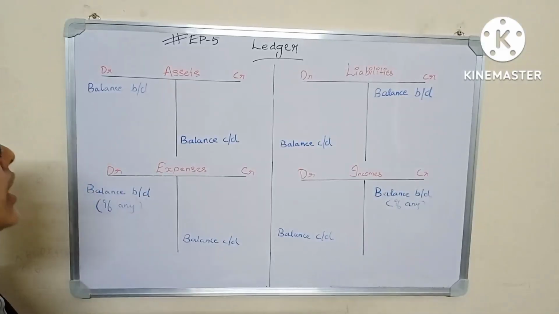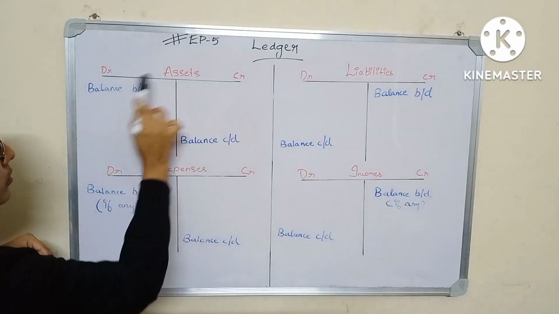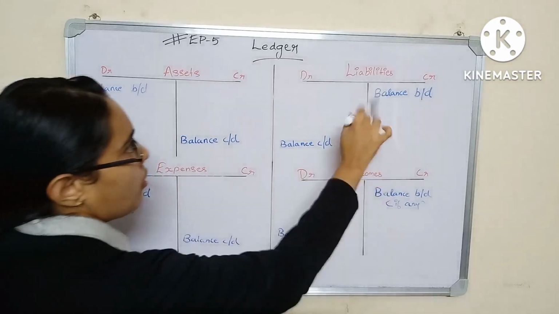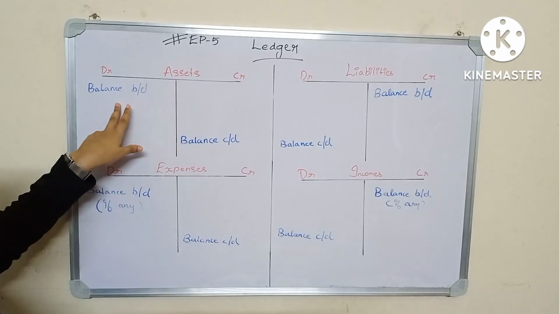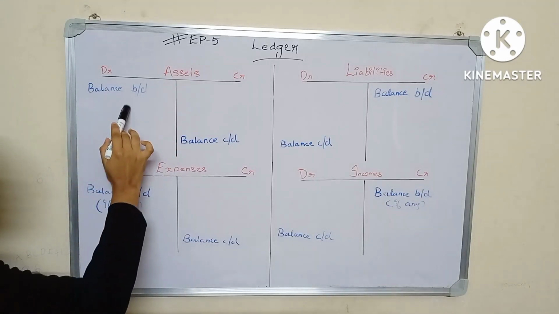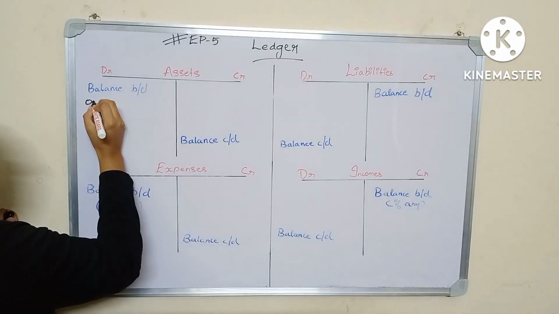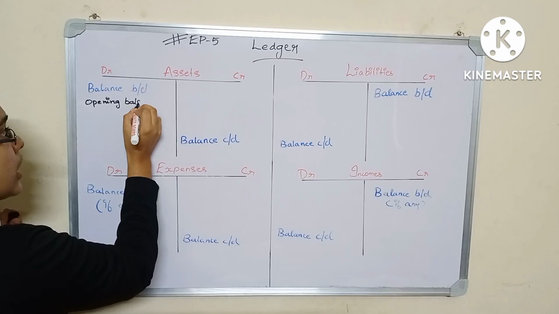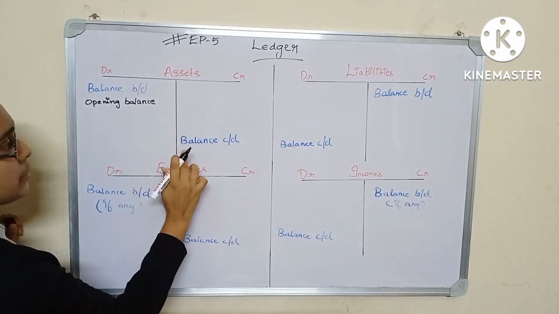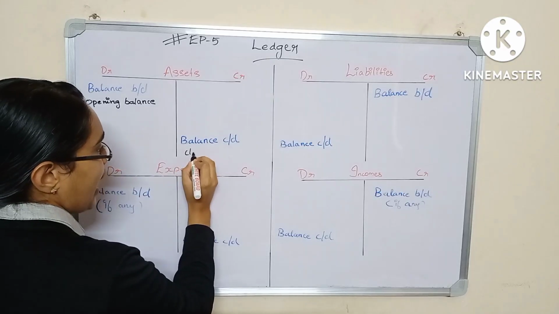Now let us focus on the T-shaped account. It's T form, everything is T form. Here in the assets account, you can see a balance brought down, which shows your opening balance, and a balance carried down, which you can also call the closing balance.